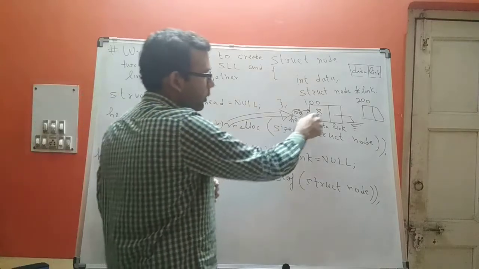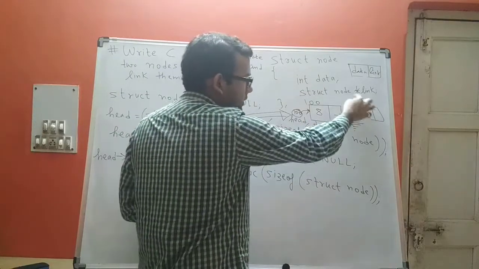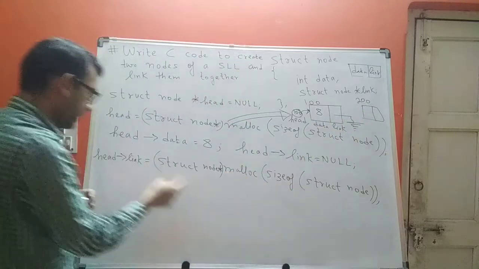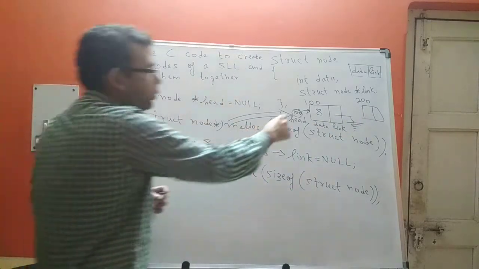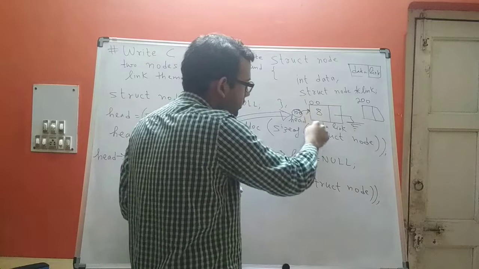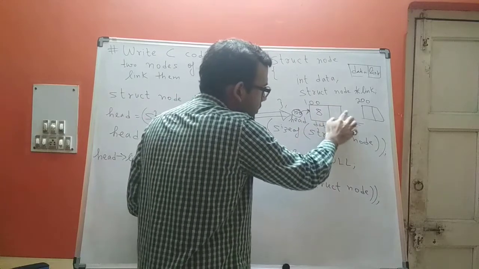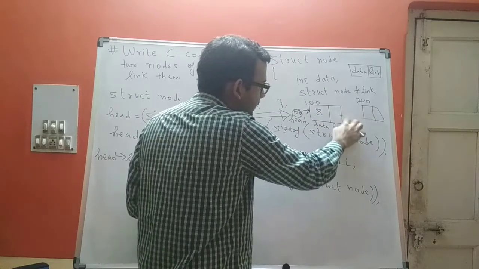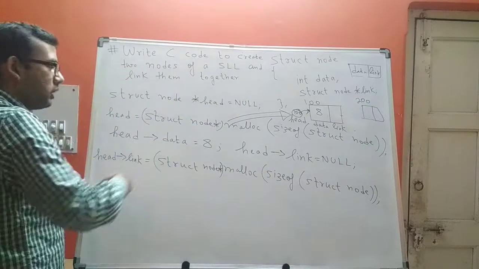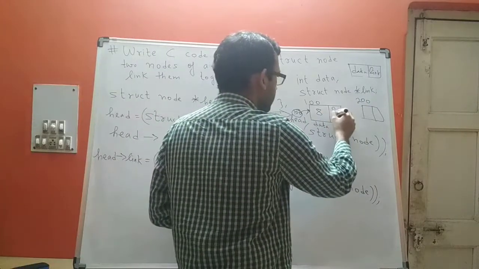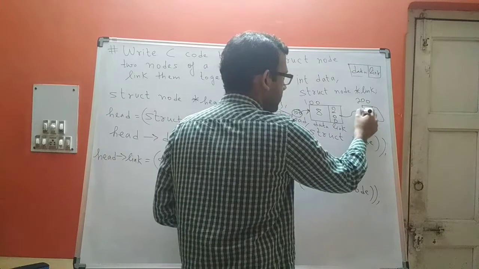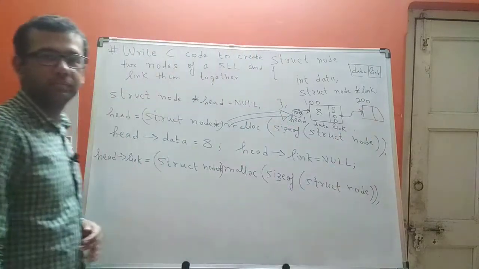Currently head is pointing to this node, so its link part is this part. So this 200 which is returned through malloc will have to be stored here. So if 200 is stored here, a link is formed.